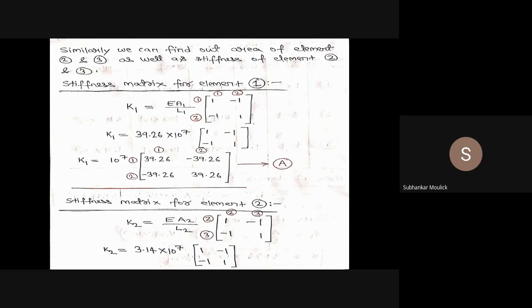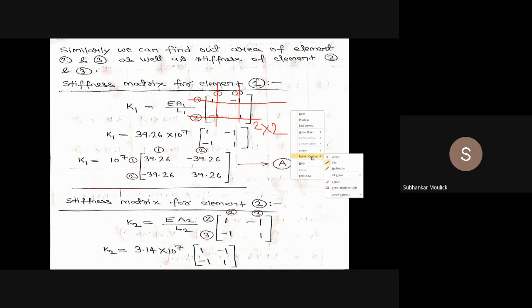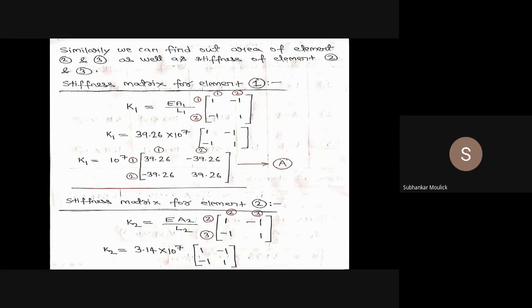First row represents first node, second row represents second node. Similarly, first column represents first node, second column represents second node. Fine. So it is EA1 by L1, 1 minus 1 minus 1 1.